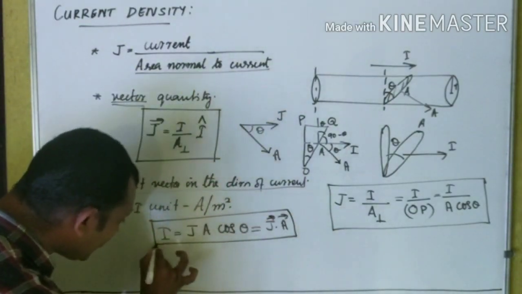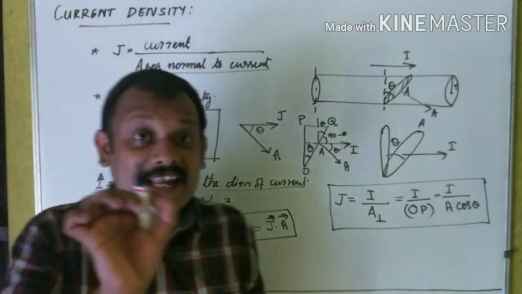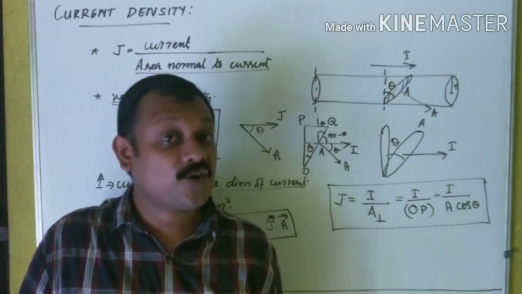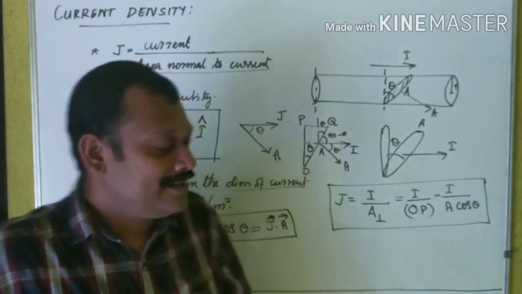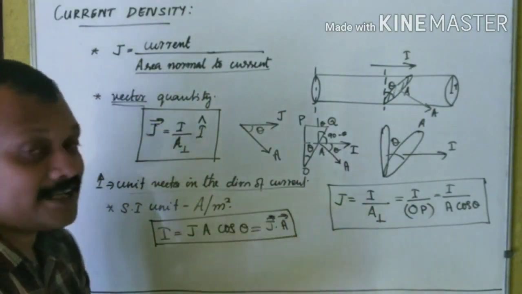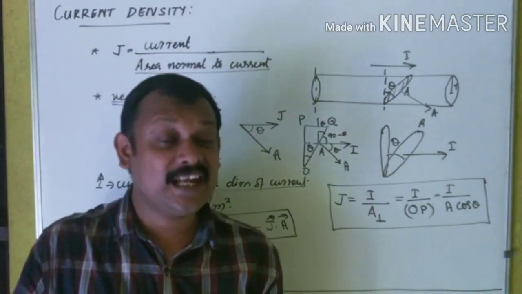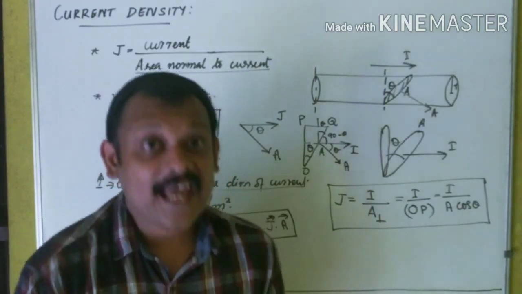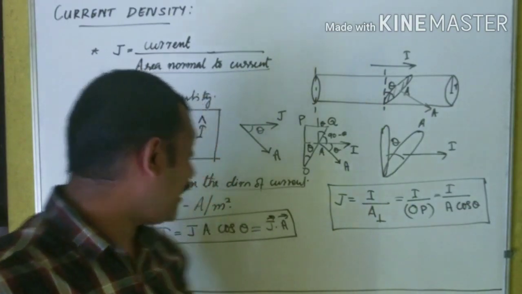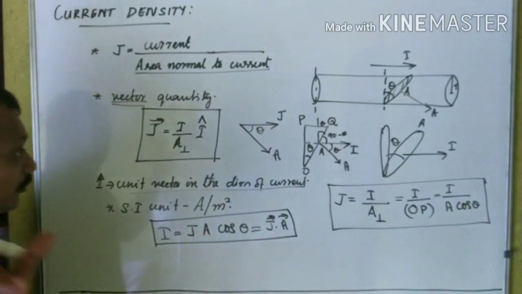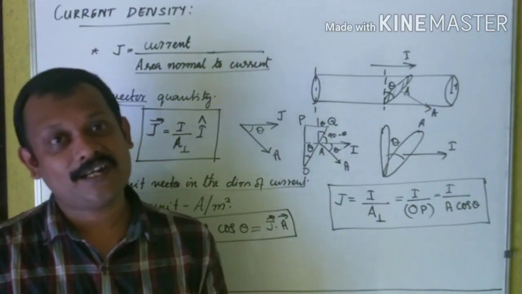Now this again signifies why electric current is a scalar quantity. Therefore, again I will tell you, electric current is a scalar quantity.